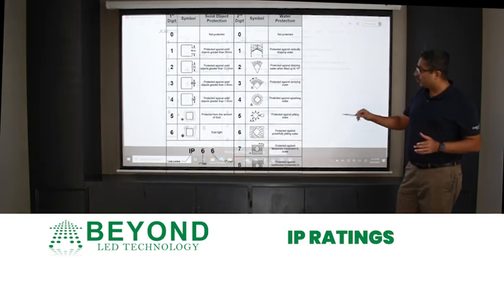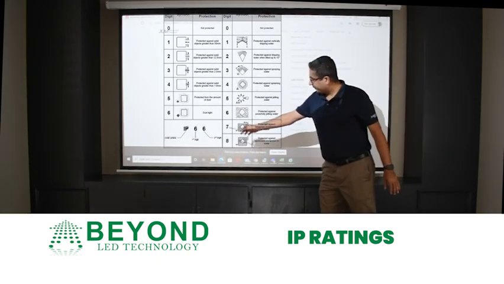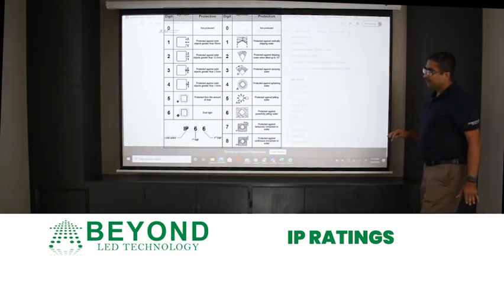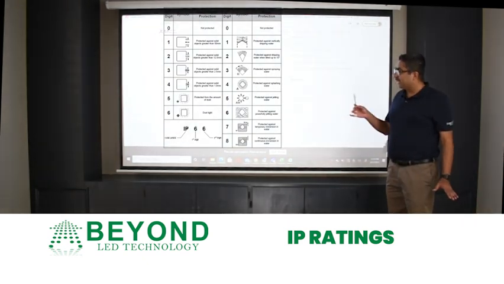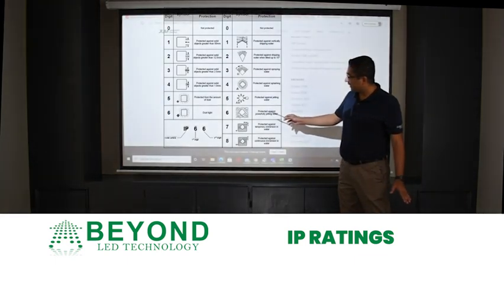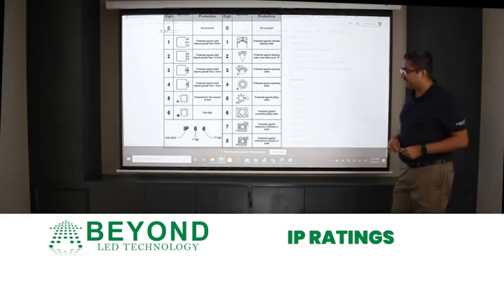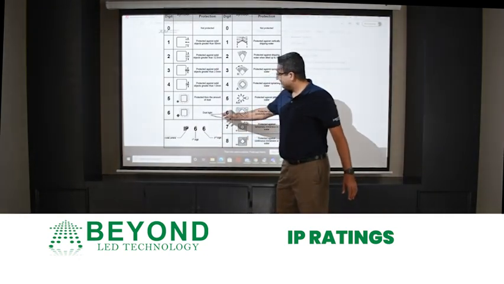IP is a code with a first digit and a second digit, very important. Usually, most of our outdoor lighting has an IP rating starting with IP65, 66, 67 or IP68. So the first digit, 6, means it's dust tight.